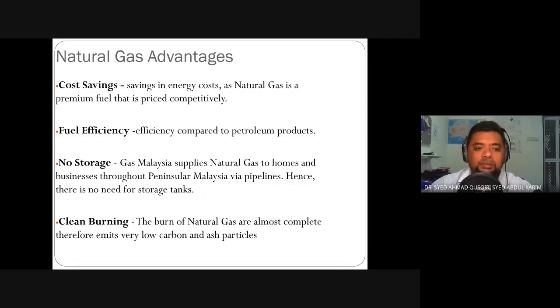No storage, meaning natural gas is sent to homes and other customers through pipelines, so normally it is not stored. And clean burning: the burn of natural gas is almost complete, therefore it emits very low carbon and ash particles.